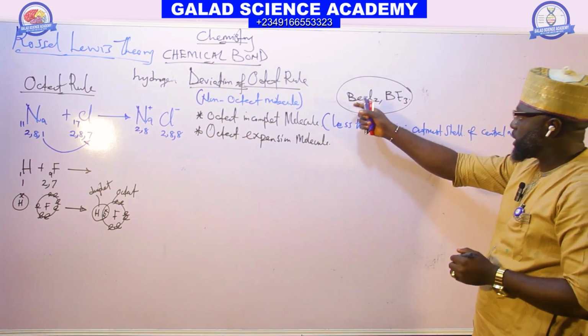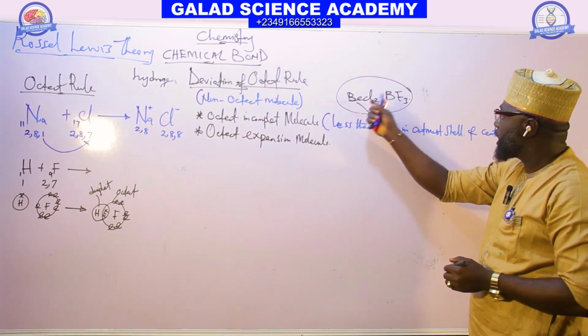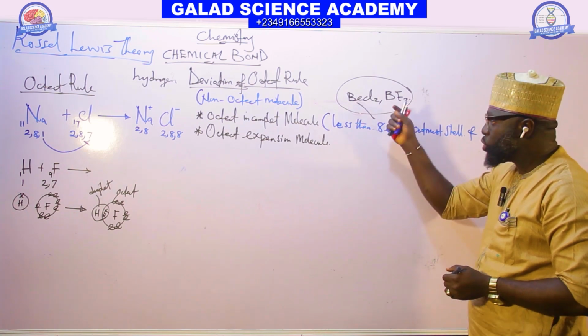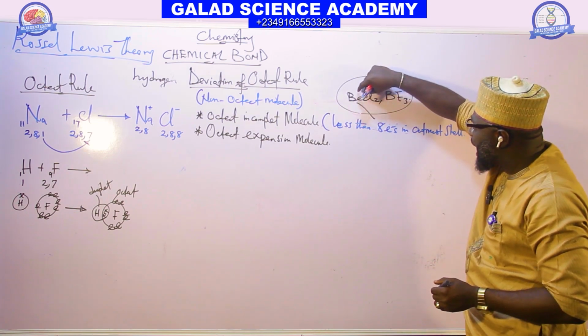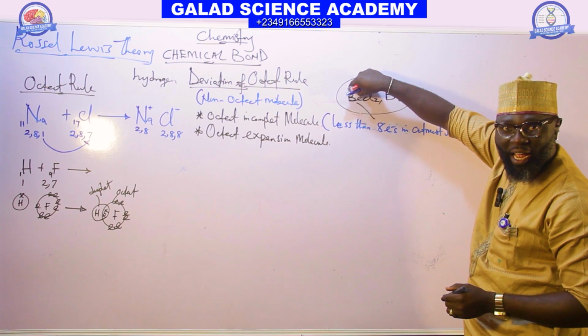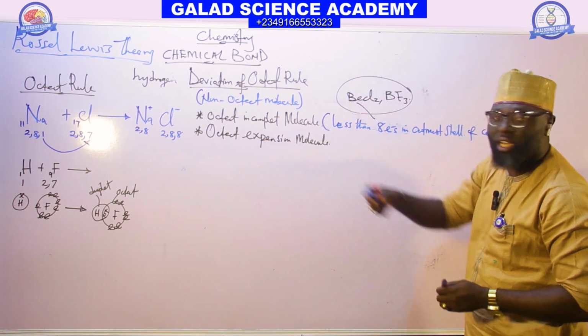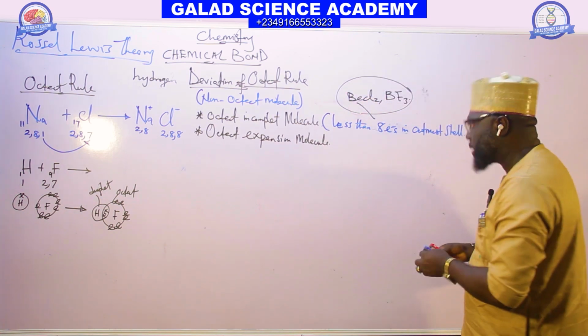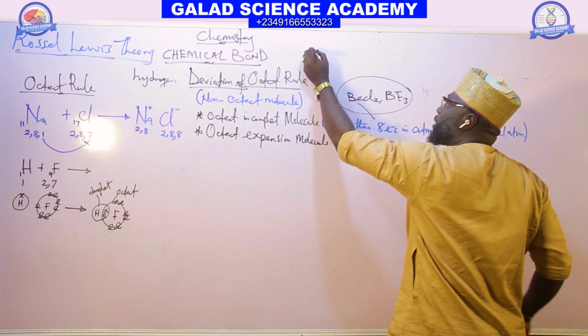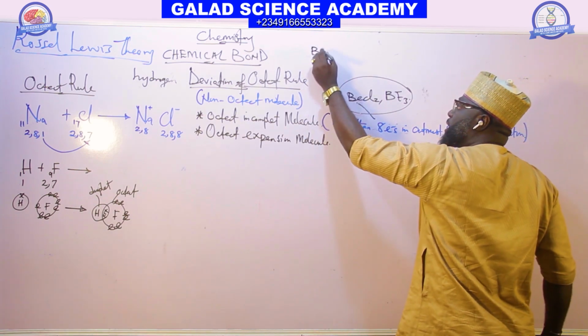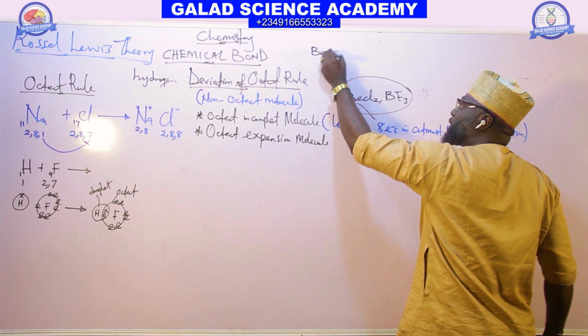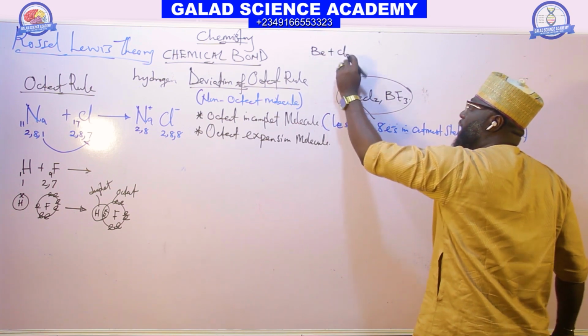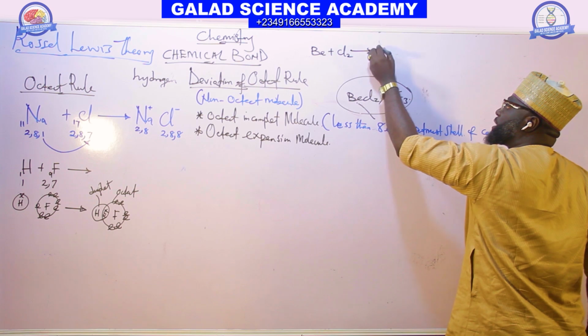If you look at these two, the central atom here has less than 8 electrons in its atomic shell. Let's check. For beryllium, it is Be. If beryllium reacts with one molecule of chlorine, it gives us what?